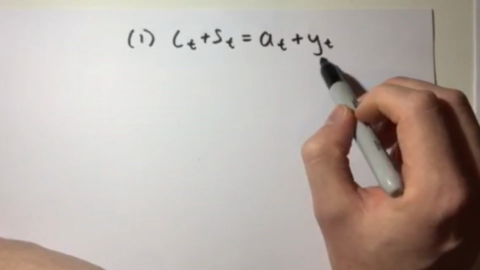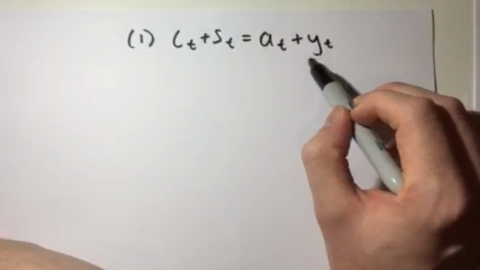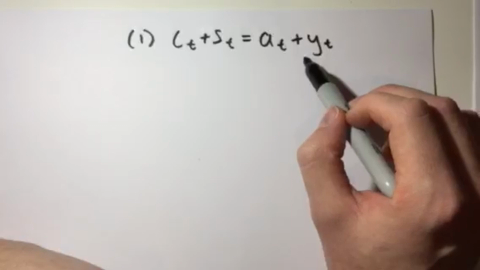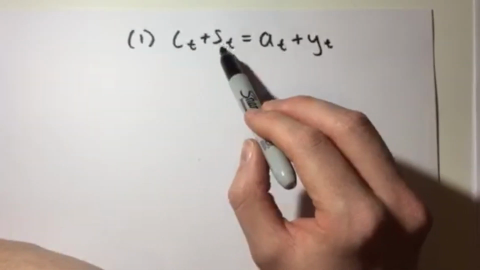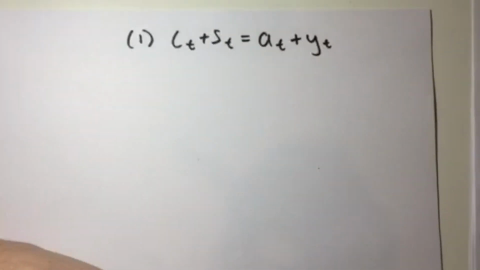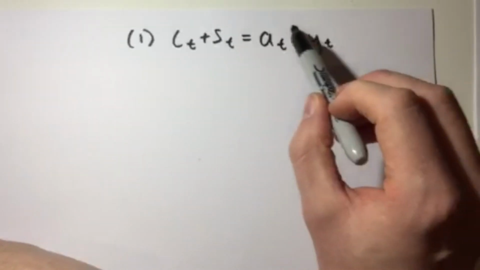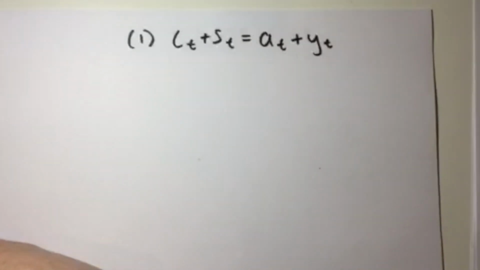This is all of our income in the first period, and this is equal to how much we consume and how much we save. What we don't consume, we're saving. So that's going to be equal to everything that we are given, so that's this plus this.